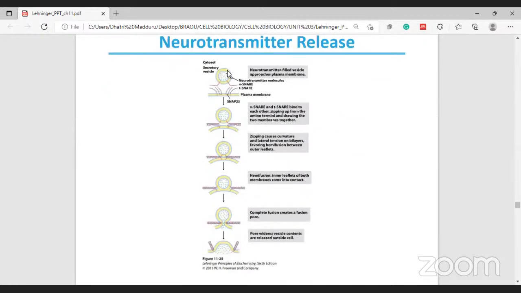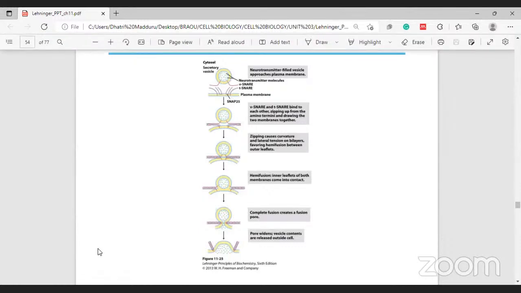This is the secretory vesicle where it comes and you have SNARE proteins. So it is protein mediated. The neurotransmitter-filled vesicle will come and fuse with the plasma membrane with the assistance of proteins. Here you have v-SNARE and t-SNARE.